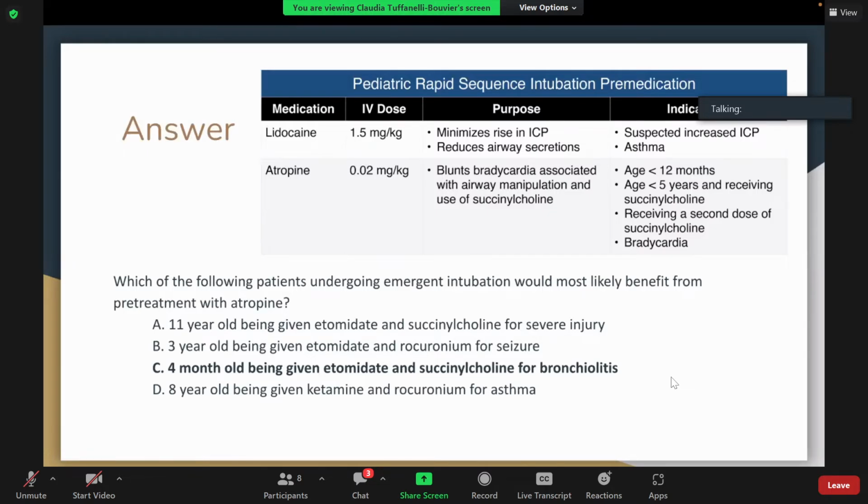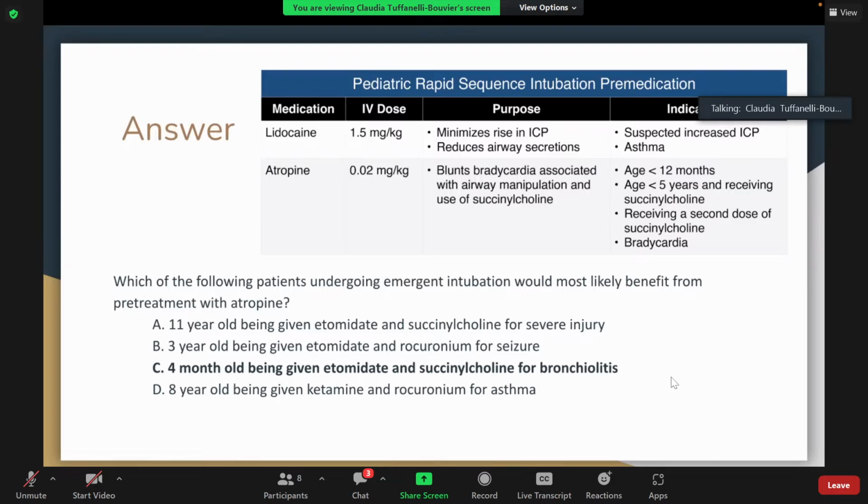Pretty much any kid under 1 year, you would pre-treat with atropine because they're so likely to get bradycardic from messing with their airway. So if you're going to intubate a really young infant, we would give atropine. I understand you probably don't do a lot of pediatric intubations or see a ton of pediatric patients, but this is a good spot to talk about pre-treatment.